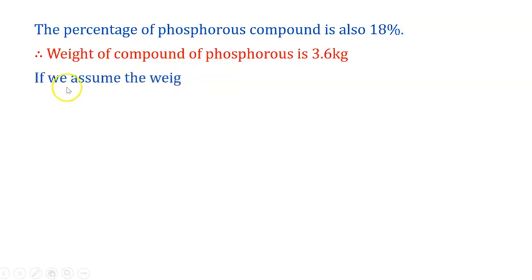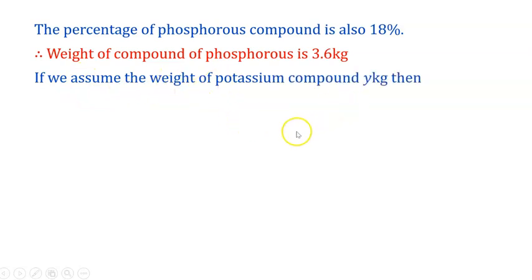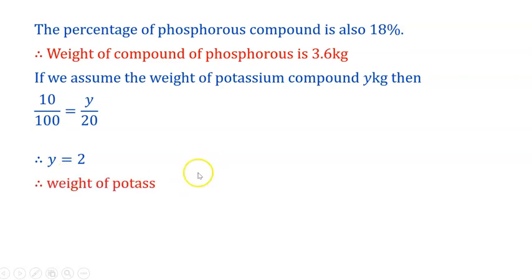Okay, if we assume the weight of potassium compound is y kg, then 10 upon 100 is equal to y upon 20, and after simplification you will get y is equal to 10 into 20 upon 100, means 200 upon 100, so y is equal to 2 kg. Therefore the weight of potassium compound is 2 kg.